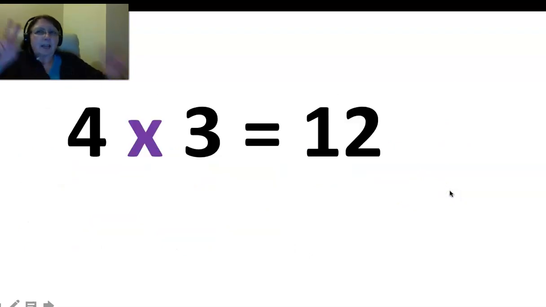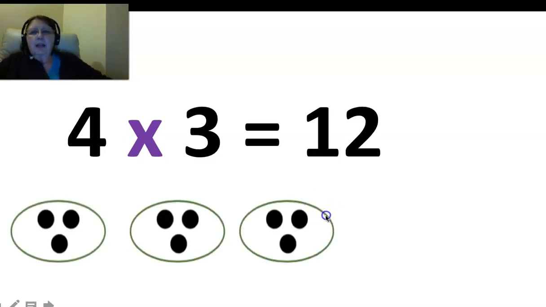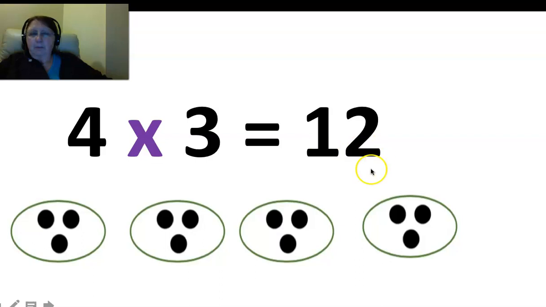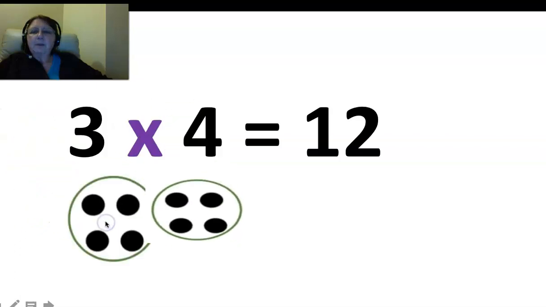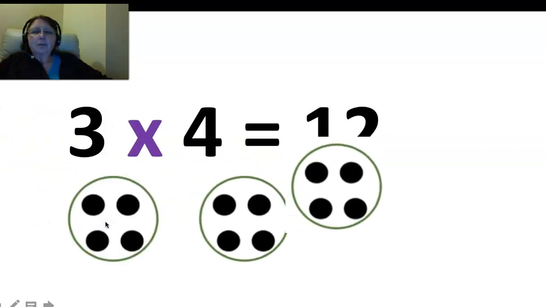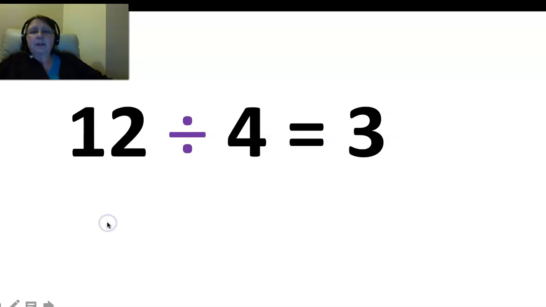Let's look at the fact families. Fact families are very important. Okay, there we're revising last week. 4 groups with 3 in each group equals 12. 3 groups with 4 in each group also equals 12.